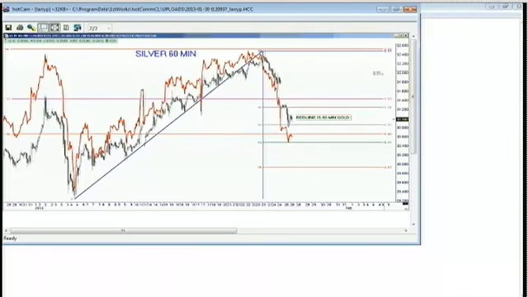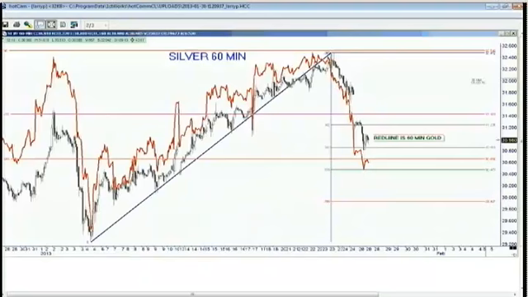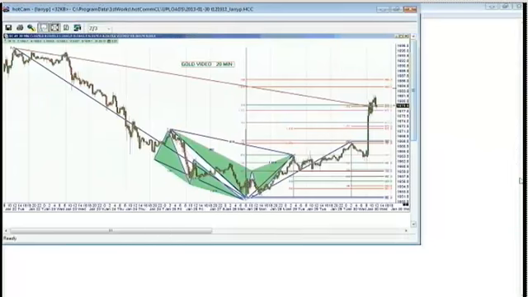So that level is going to be very, very important now for the gold market, because it has held a level that is incredibly important. We ran into a little bit of resistance today from a longer-term 61% retracement going back to 1695, but this market is really poised now to move a lot higher.